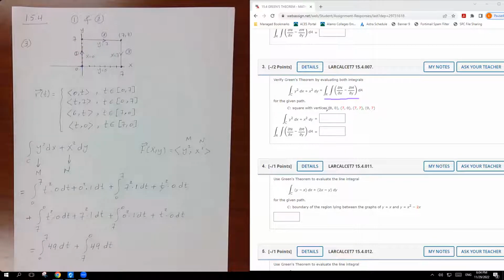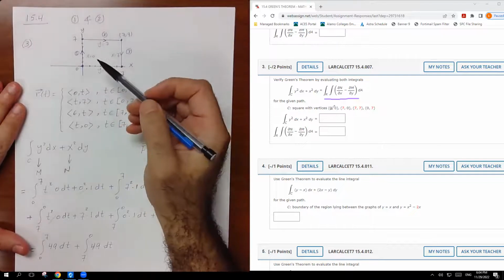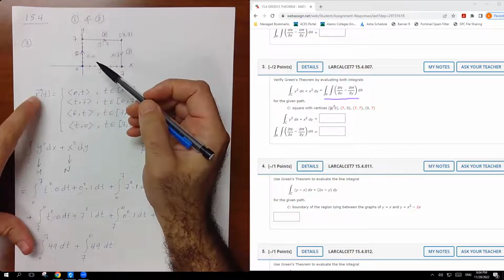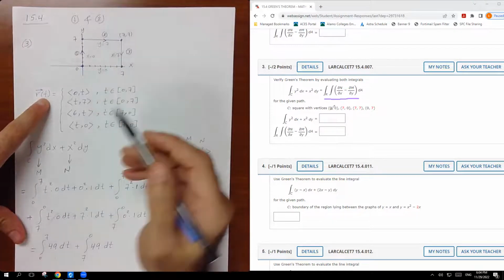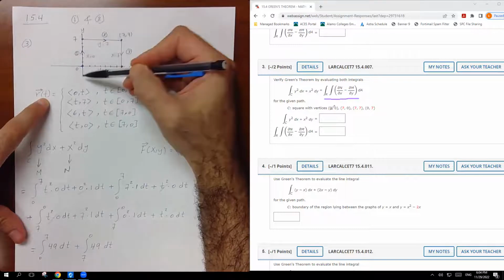So first of all, I graph the region here. We got this square. Then I need to find r of t. If you start from this point to this point, you can take any path.